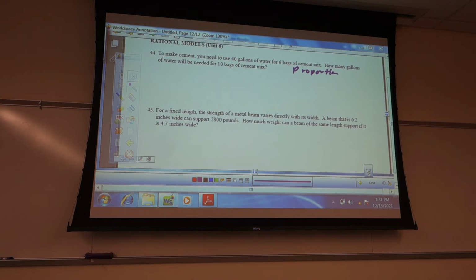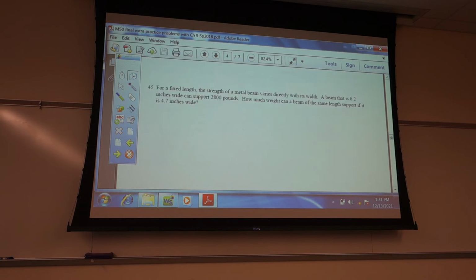How about number 45? What kind of problem is that? Yep, direct. It varies directly. That's a direct variation problem. Does everyone see that? Okay, next one.